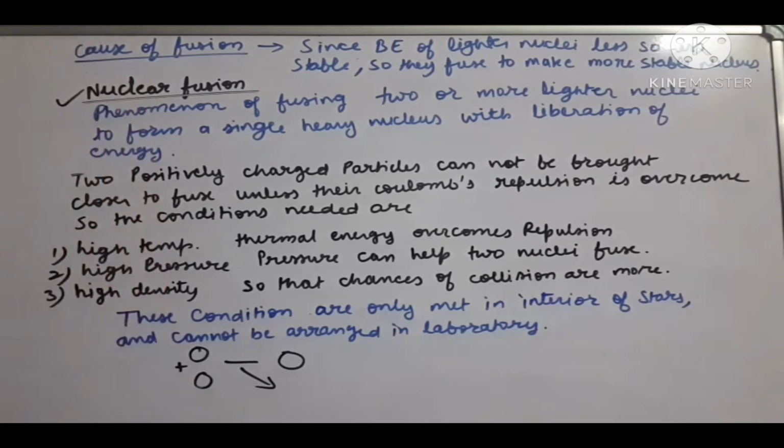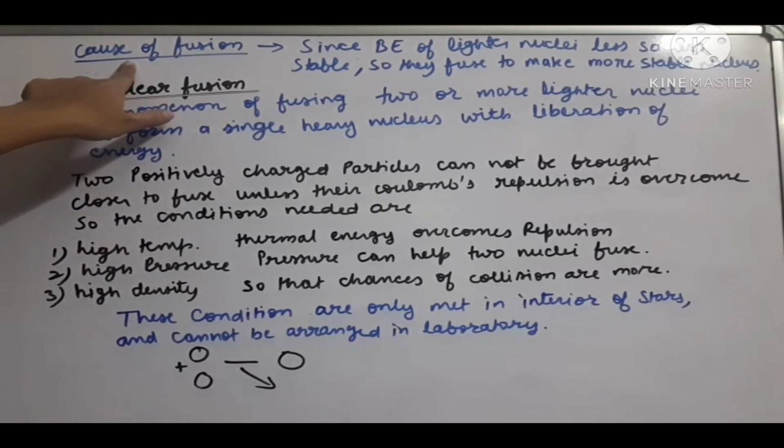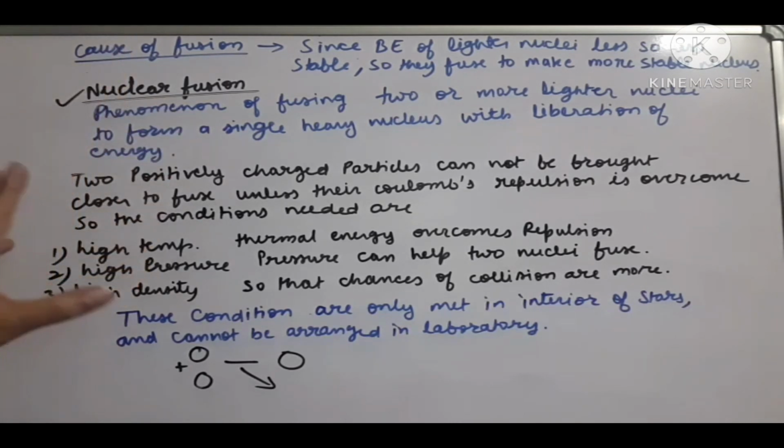Okay, now we have discussed the cause of fusion also with the help of the binding energy graph already. We have seen that the lighter nuclei, like hydrogen, are unstable because they have less binding energy. So two hydrogen can mix and they can make helium, which is more stable because its binding energy is more.